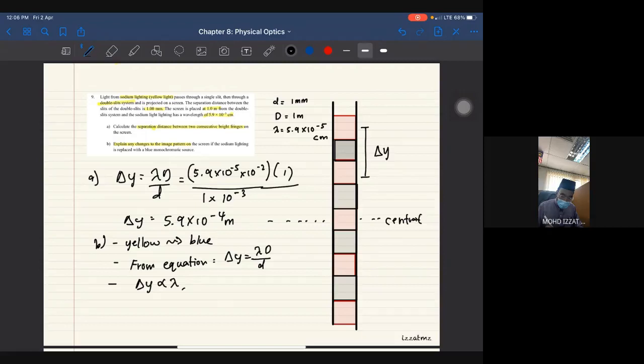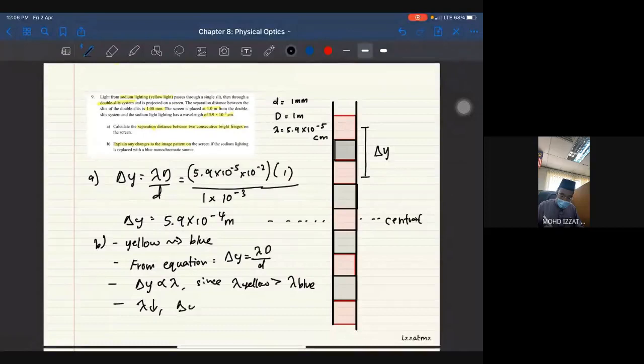Okay. See, lambda yellow bigger than lambda blue. So, lambda decreasing.